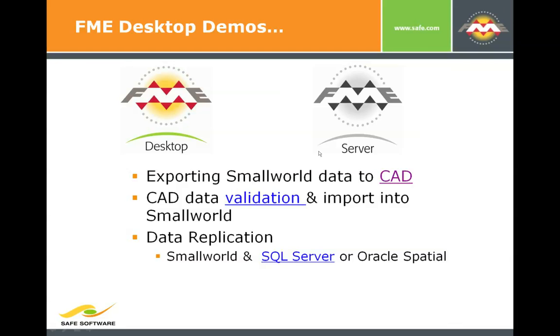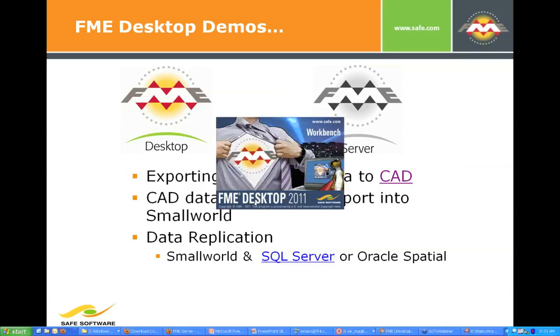Okay? So the next example that I've got here is doing the reverse, going from some CAD data back into a Smallworld database. This illustrates quite a few parts of the whole process within FME. So I'm going to open up the workspace.